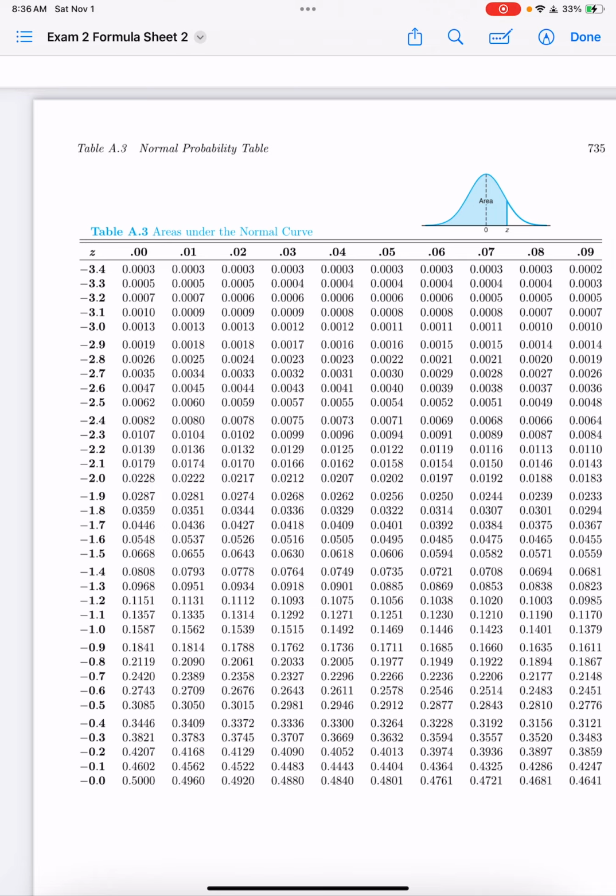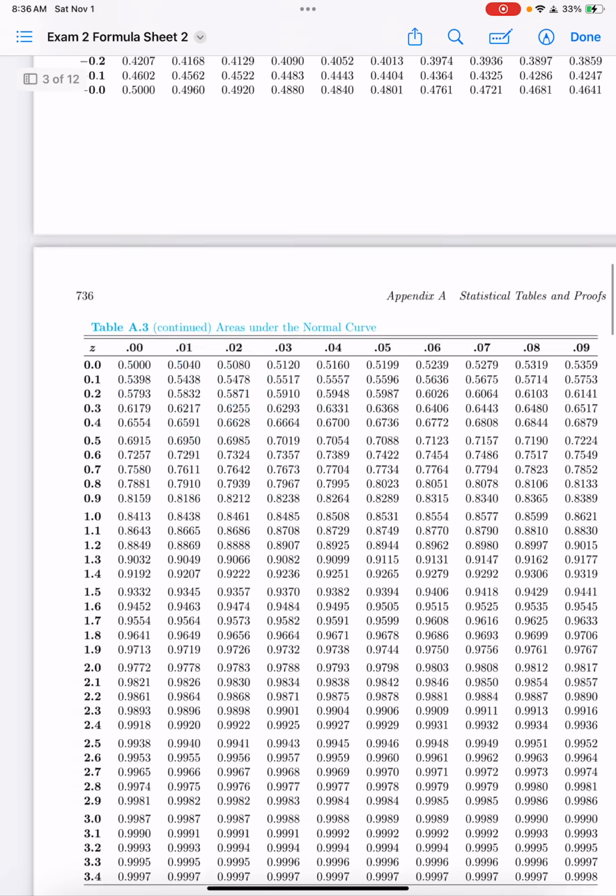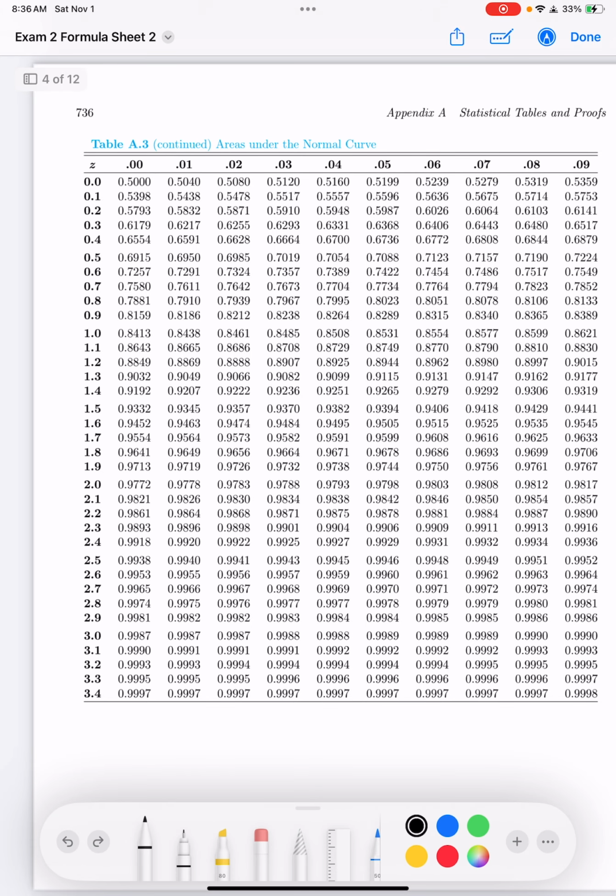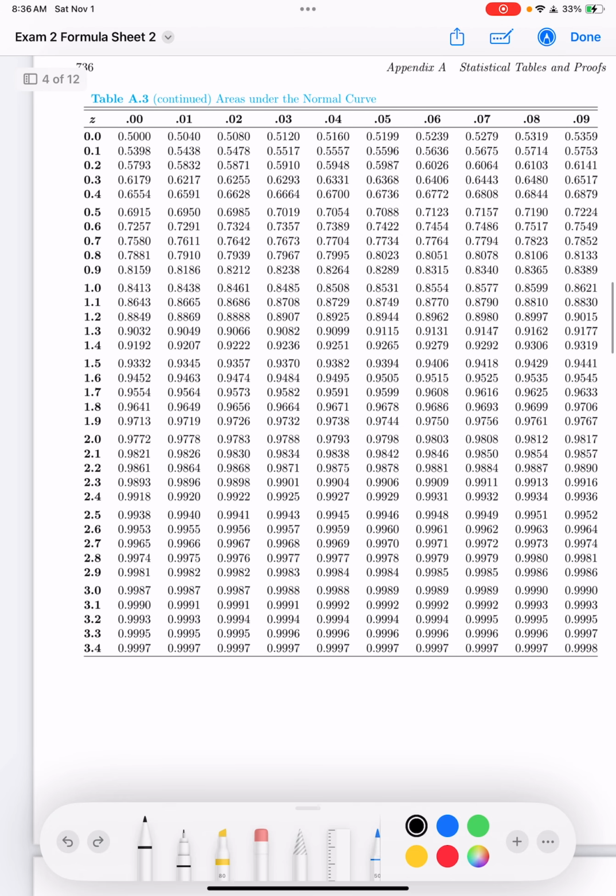And then, since we're looking for the right side of the curve, we want to do 1 minus our 0.005. So that's 0.995. So we can look over here and see if we can find it.